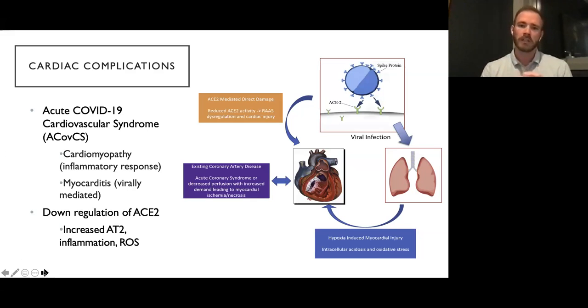Lastly, I'd just like to mention that as the virus replicates and the cytokine storm takes effect within the body, a downregulation of ACE2 receptors throughout the body results actually in an increase of angiotensin II, inflammation, and reactive oxygen species. So a snowball effect of this cytokine storm. Next slide, please.